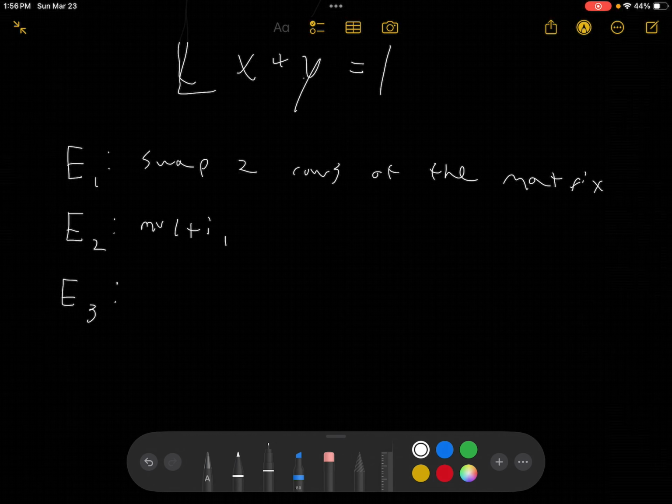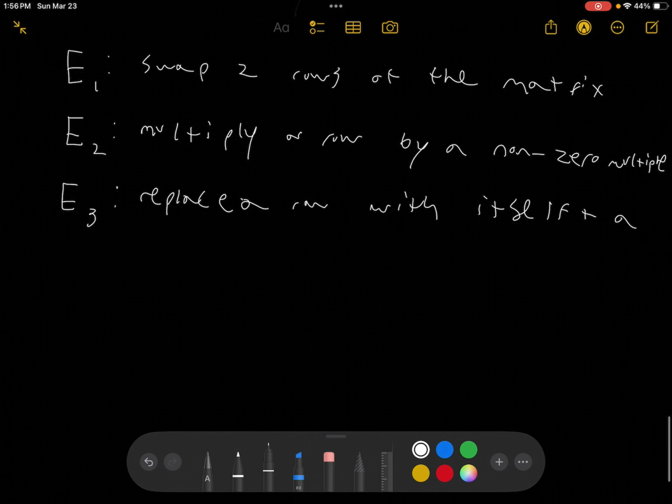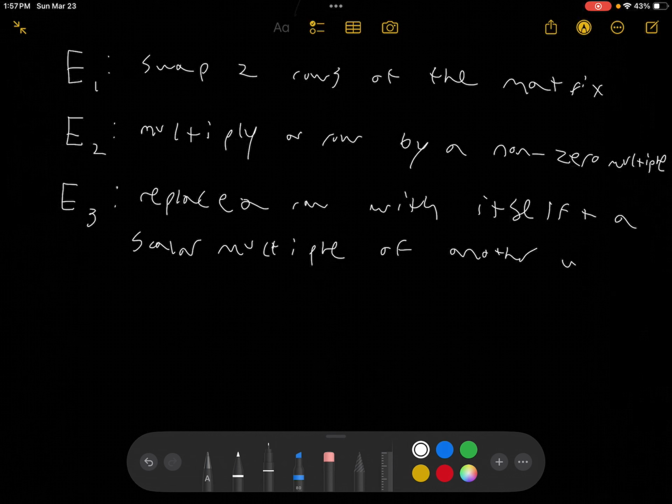You can also multiply a row by a non-zero multiple, and you can replace a row with itself plus a scalar multiple of another row.